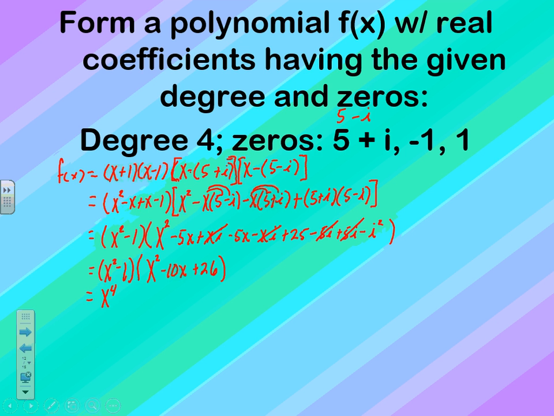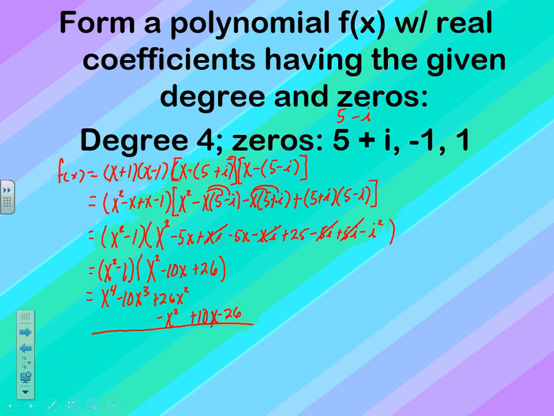So x to the 4th minus 10x cubed plus 26x, and then multiply through with the negative 1, and that'll give me negative x squared plus 10x minus 26.